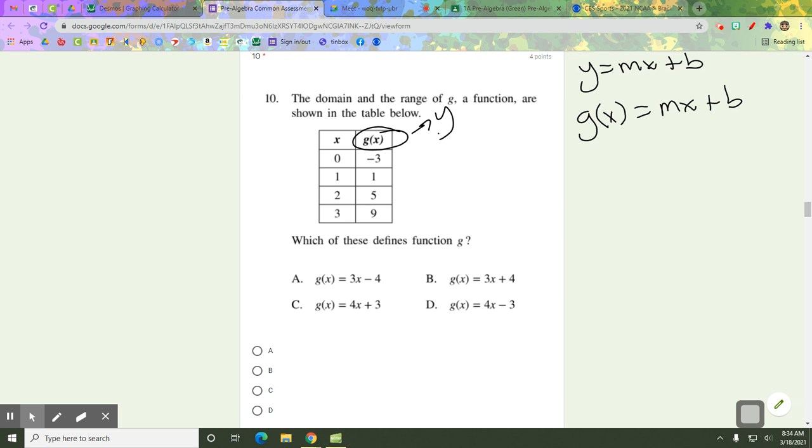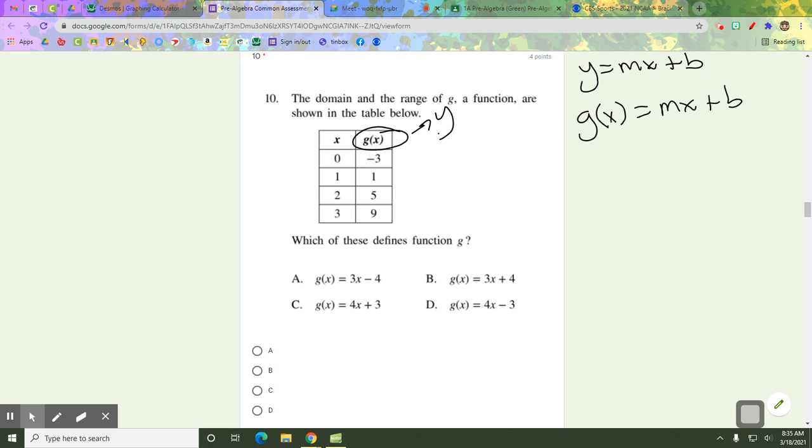So we're looking at the function. With our function, in slope-intercept form, what are the two things I need to write something in slope-intercept form? I need a y-intercept, and I need a slope.